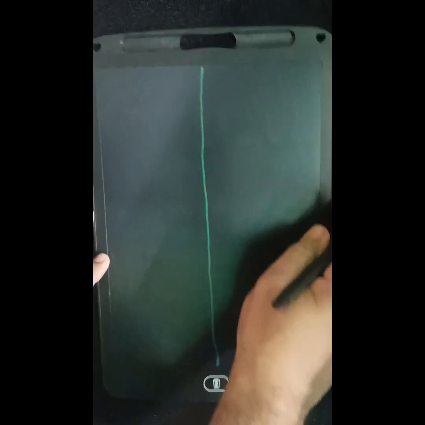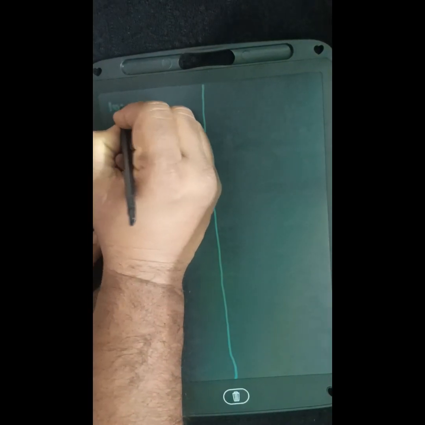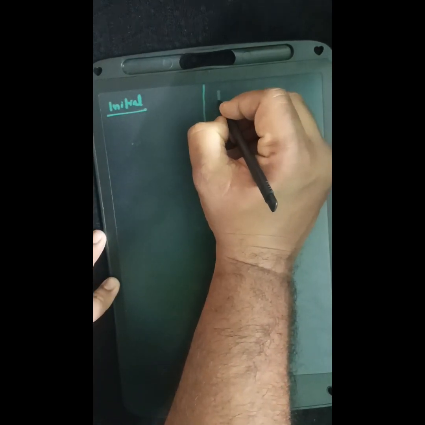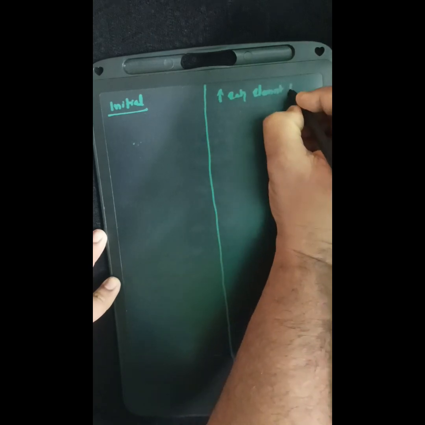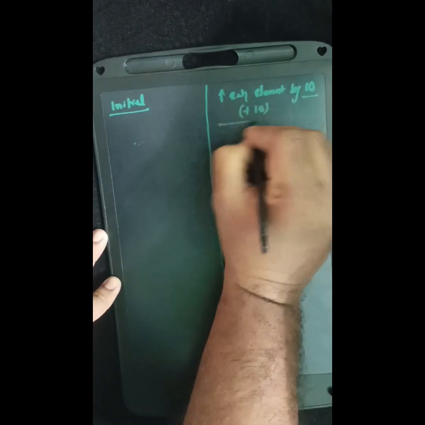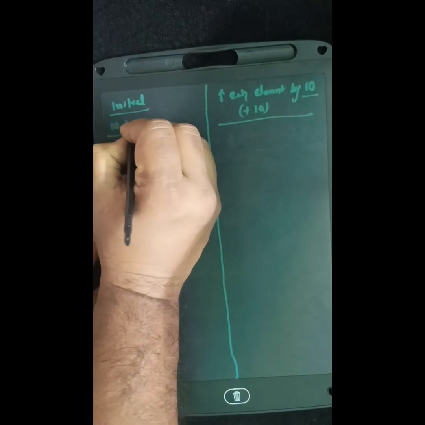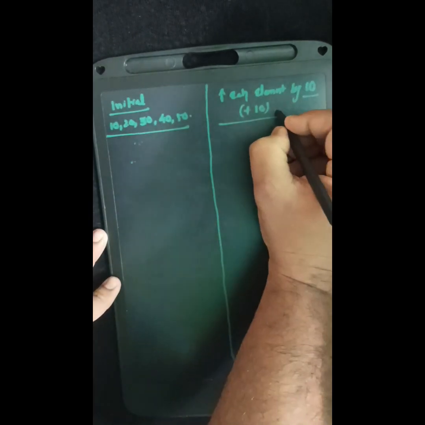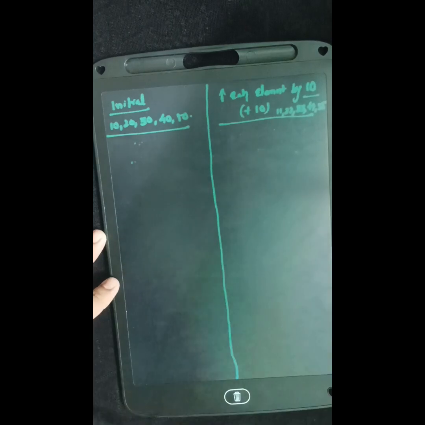Again I'm comparing initial and final, when we are increasing each element within the data set by 10, that is plus 10 for each element. The initial data set was 10, 20, 30, 40 and 50, and here it was 11, 22, 33, 44 and 55.